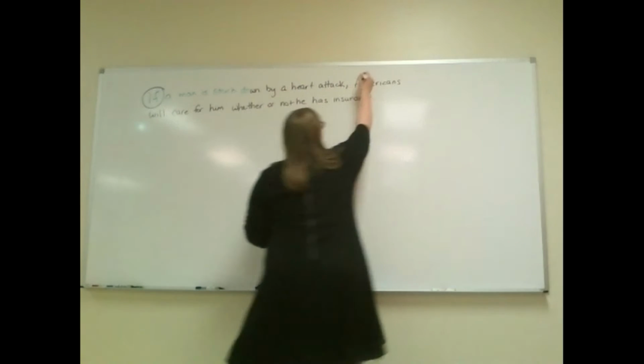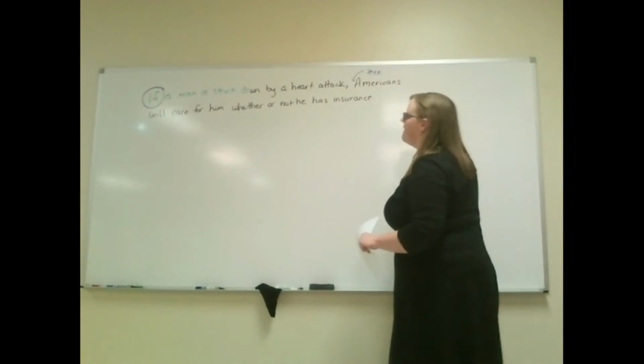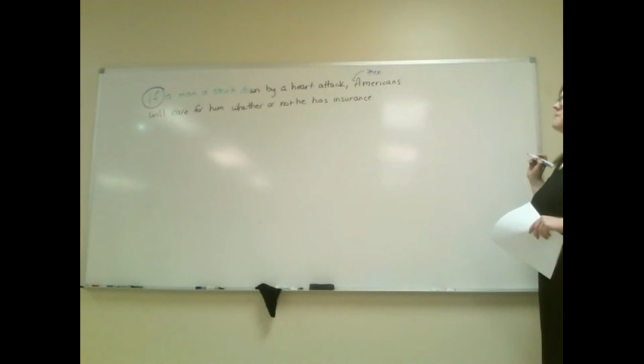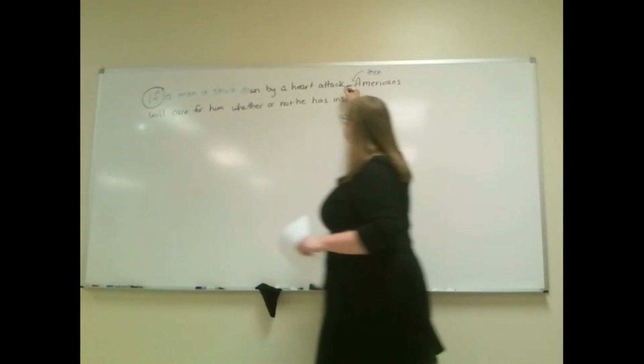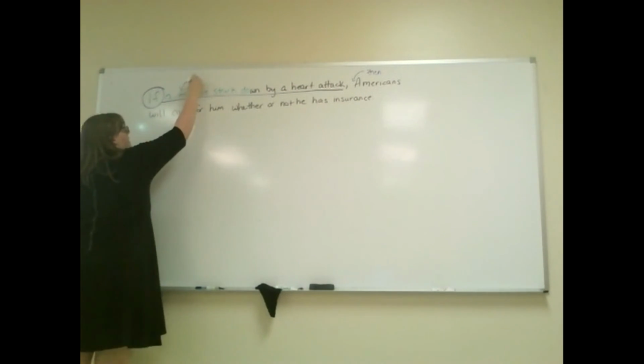Yes, so our implied "then" is right here. So Amanda, what is our premise? Struck down. Yep, it's the statement between the "if" and the "then." This right here is our premise.